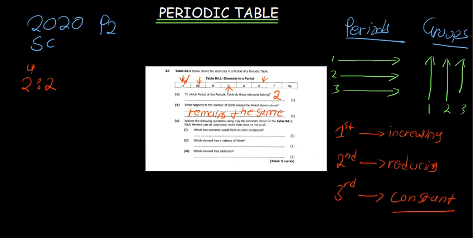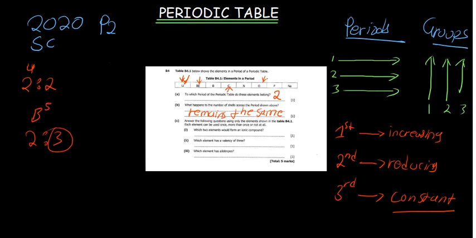Boron is in group 3. Okay, it's just after the transition metals. Boron has a valence of 3, meaning the electronic configuration is 2 comma 3, and that is what we are looking for.